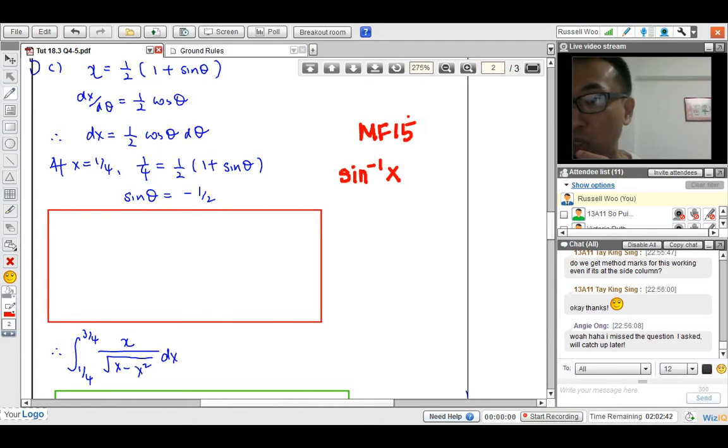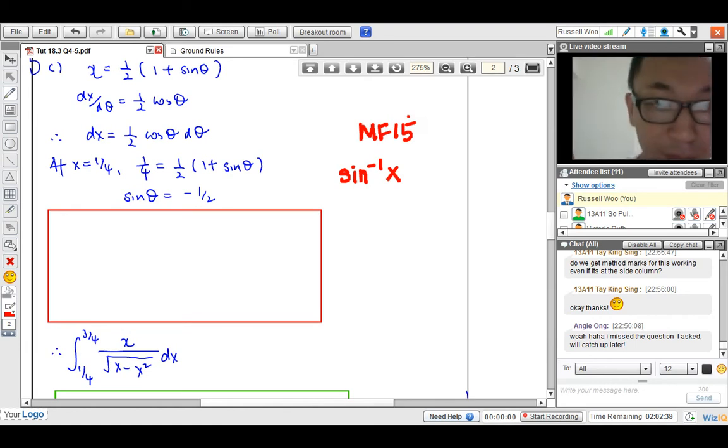On page 3. Okay, never mind. You don't have MF15 in front of you.